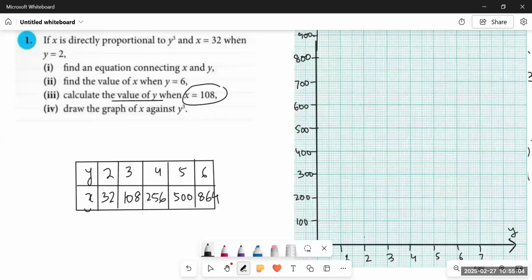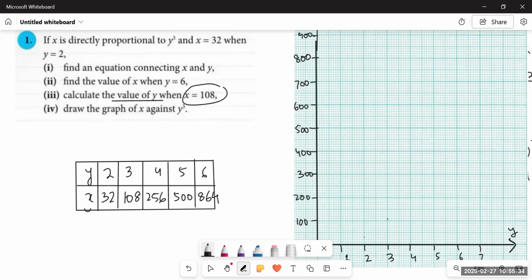And then comes 108. When the value of y is 3, the value of x is 108, so it would be somewhat here. Then comes number 4. For the value of y as 4, x is 256.